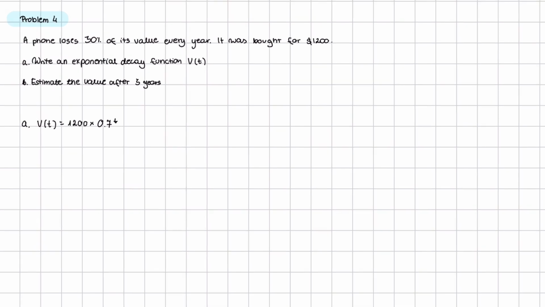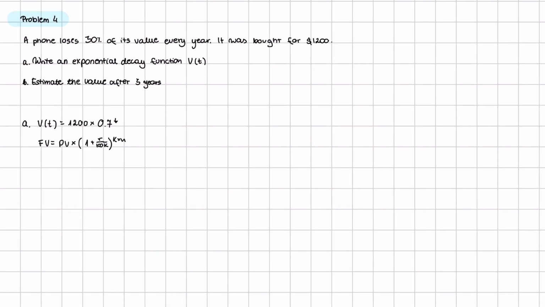However, if you are not sure how to write an exponential decay function for this problem, we can simply use compound interest and derive this function from compound interest. This is the formula that you have in your booklet, and we can use it to find our exponential decay function. So our future value will be v, because we are looking for it.